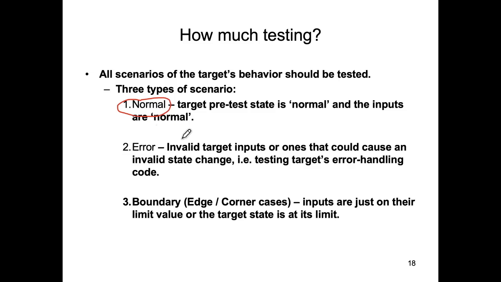And that typically means that maybe the target's inputs are invalid, or, and the OR case is something that people can forget, that some of the input may cause the internal state of the target to move to a state that it shouldn't be in.